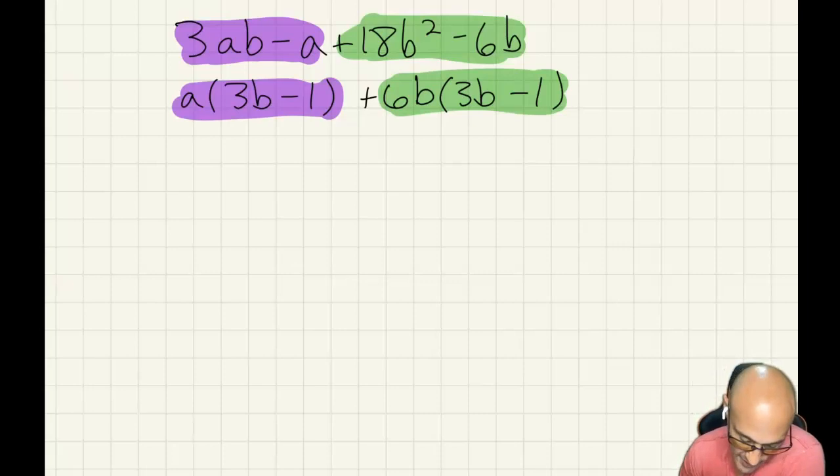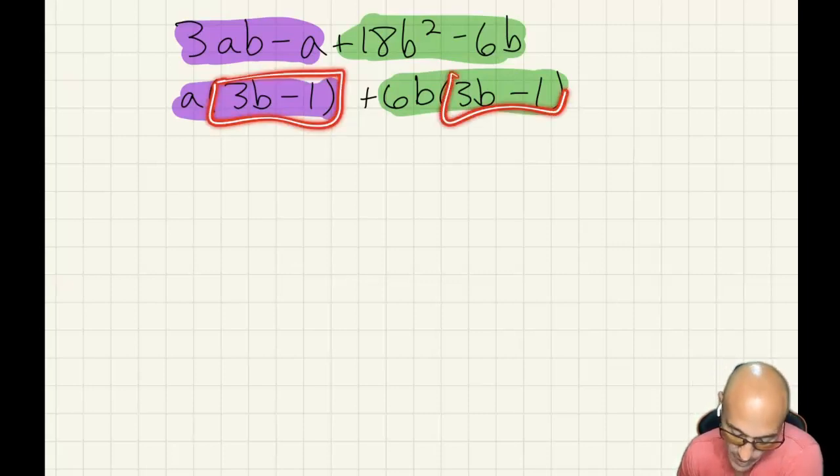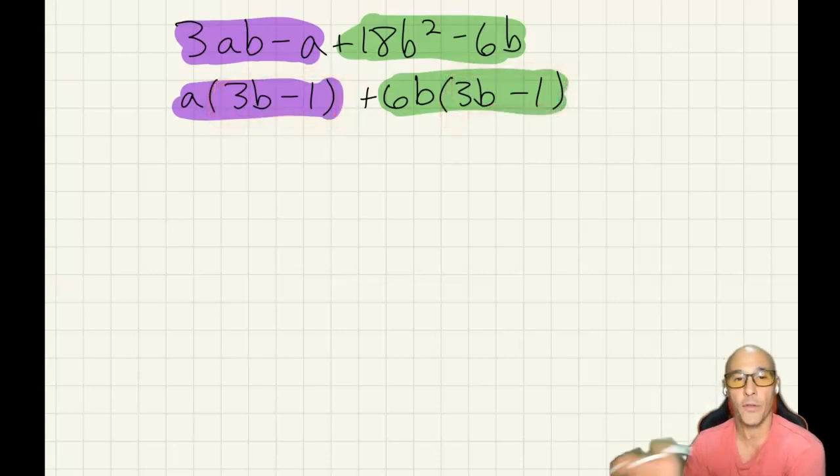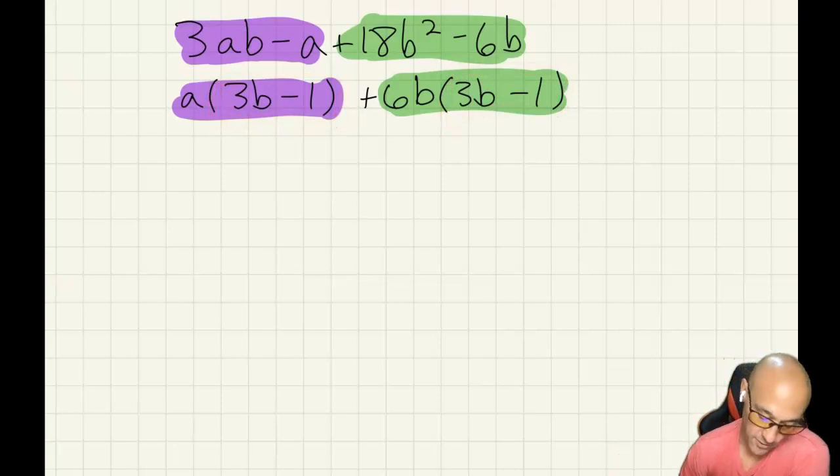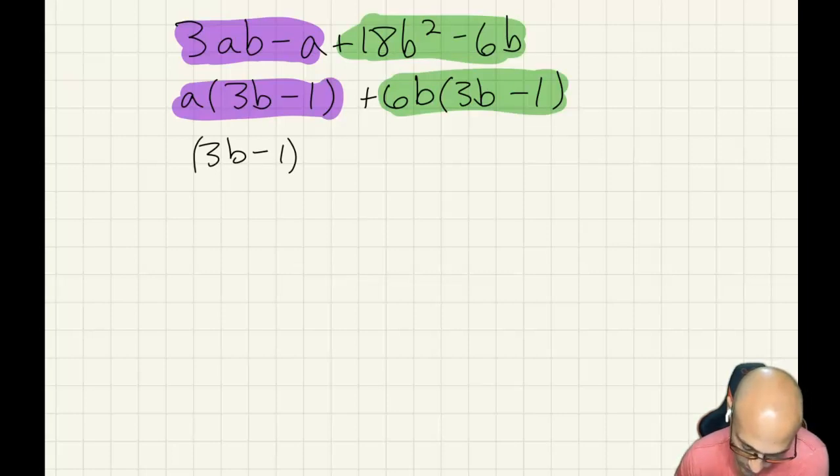Now we should see that we have 3b minus 1 as a factor of both of those terms. So we factor that out. We have 3b minus 1 times the quantity, and the other factor up here is the a. So we have times the quantity a, and 3b minus 1 times what?